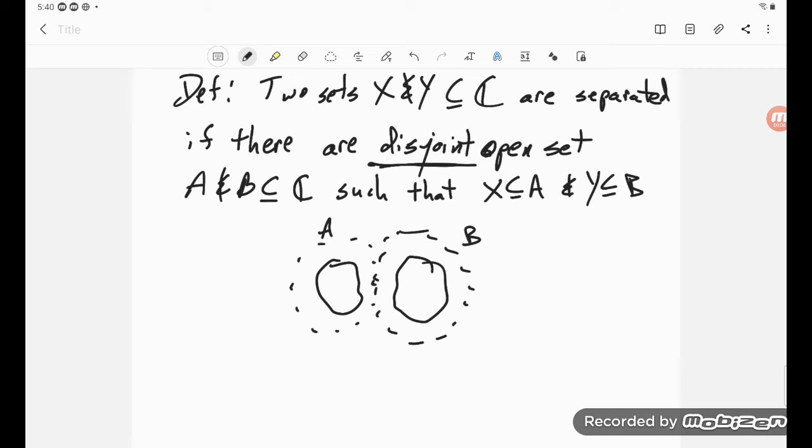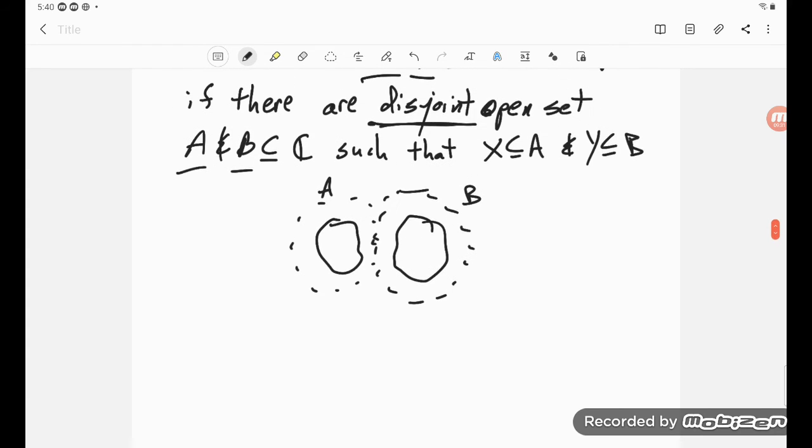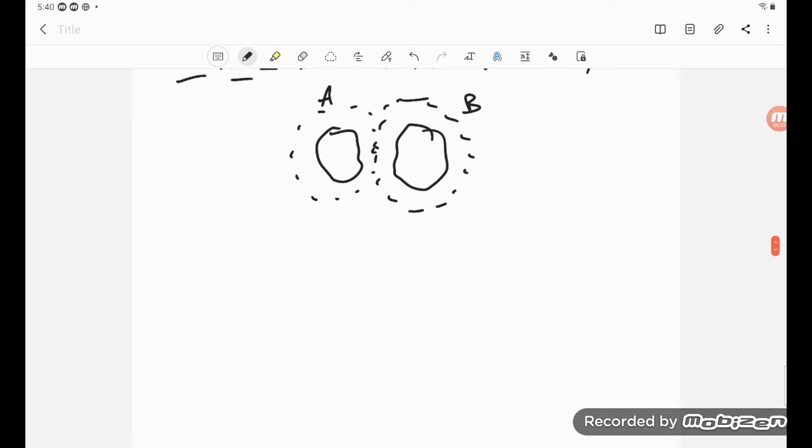So basically what you're saying is that I'm going to call X and Y separated if I can find a couple of open sets A and B that are separated that happen to contain X and Y respectively. Okay, seems reasonable. That is the idea of being separated.